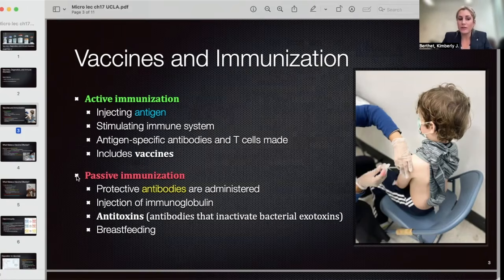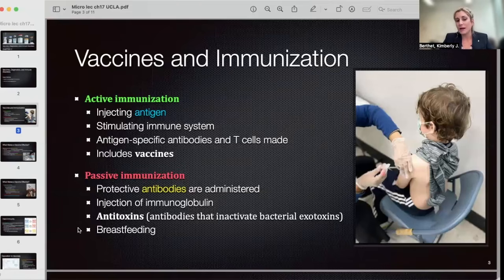Passive immunity, on the other hand, does not elicit an immune response, but provides protection. So essentially, you're giving antibodies to someone. So we can purify antibodies and administer antibodies that can help agglutinate or find cells or microorganisms within the body that are infected. And that can help deal with an infection. So we can have passive immunization through breastfeeding.